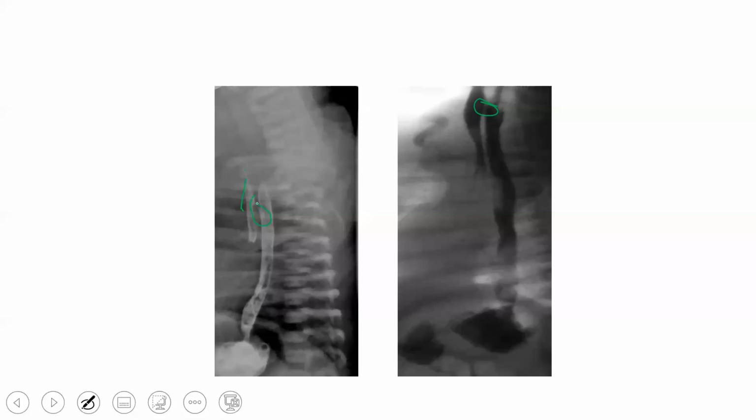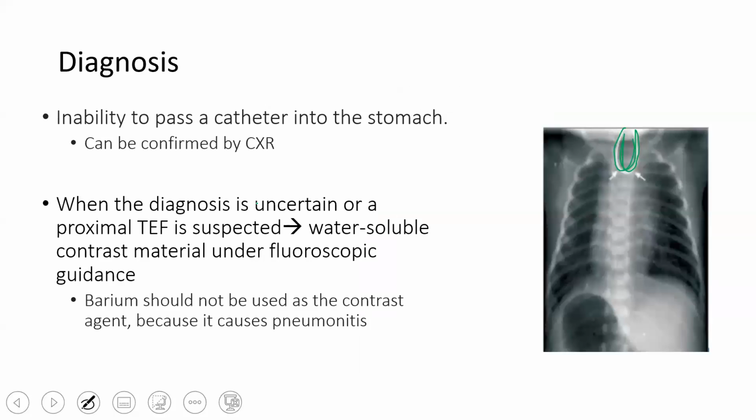Okay. Very important, barium is no longer used because of always irritation. So barium in the airway can cause pneumonitis. Barium in the lower GI or barium enema can cause also peritonitis. Okay, so always we use the water-soluble contrast material.